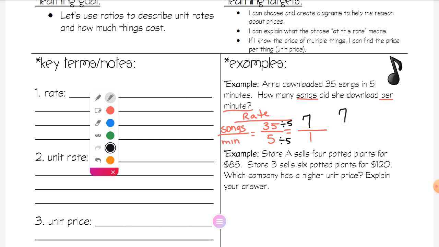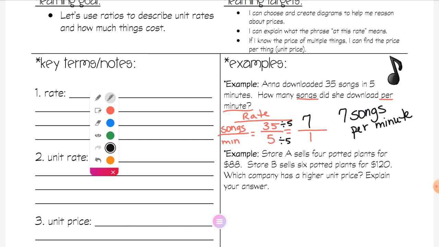7 songs per minute. Notice I don't have to say per 1 minute. The word per kind of tells us it's per 1. Because it's asking per minute, it's asking for 1 minute.